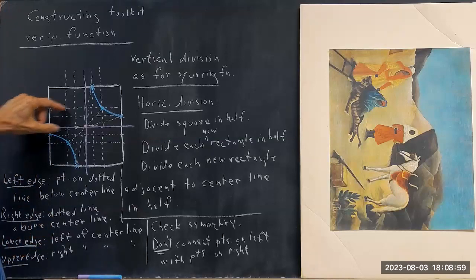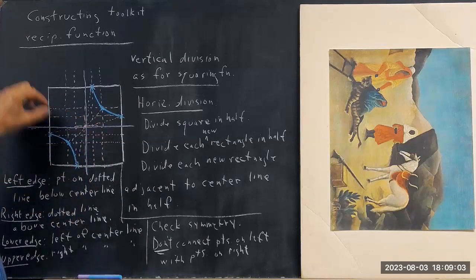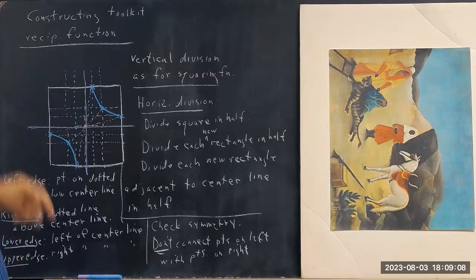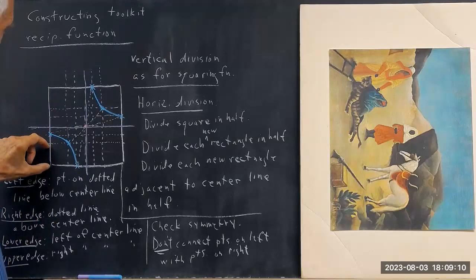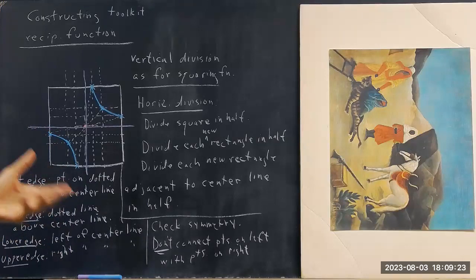So this rectangle is adjacent to the horizontal center line. This rectangle up here isn't adjacent. We're not going to do anything to it. Down here, you've got this rectangle. Is it adjacent or not? Think about it. It's not adjacent to the center line, but this one here is, and we divide it in half. Okay, there we have it. Now, points.